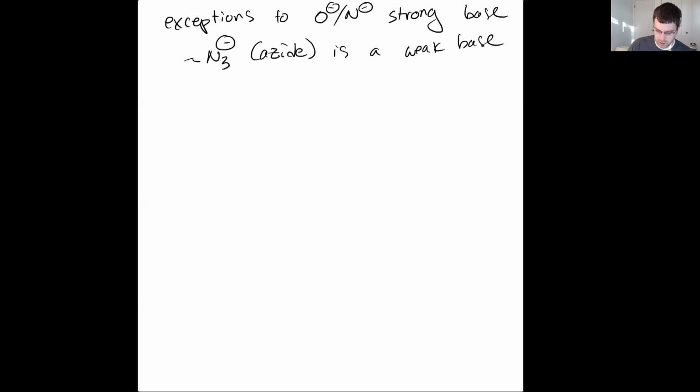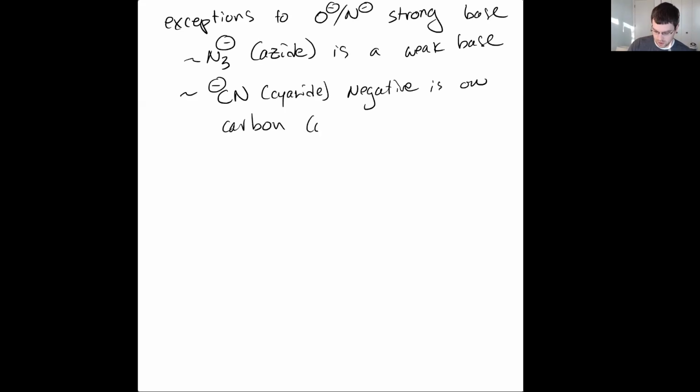And then not really an exception, but just one to pay attention to is that CN minus, which is cyanide, the negative is on carbon. And so this is also a weak base.